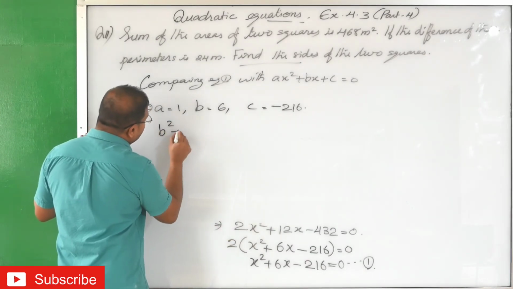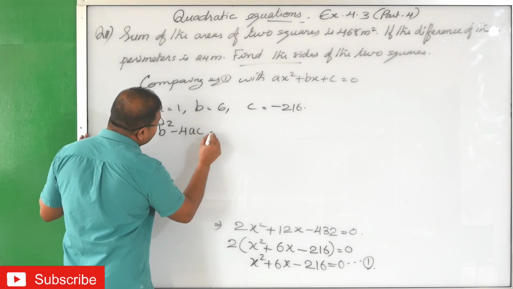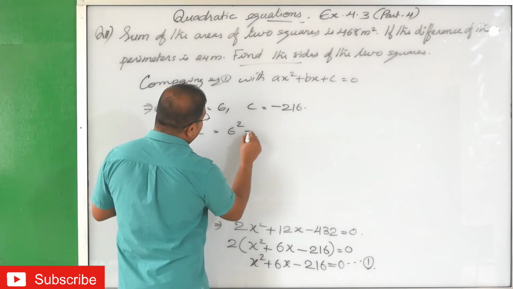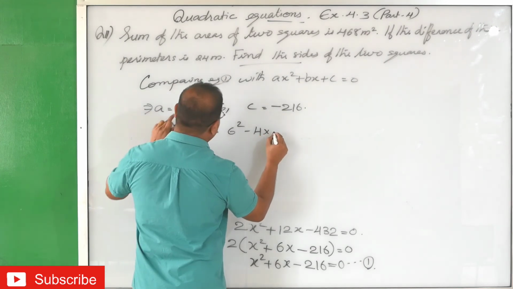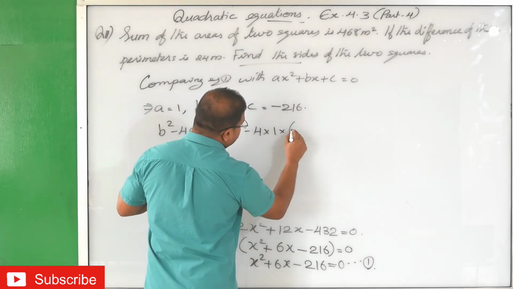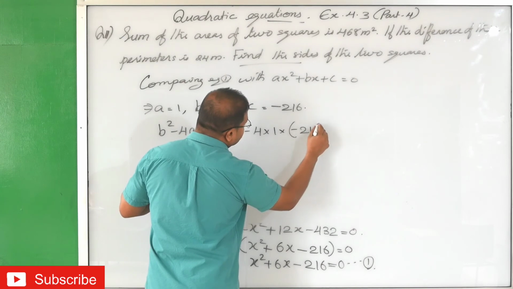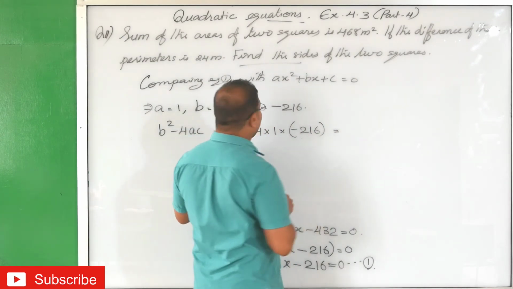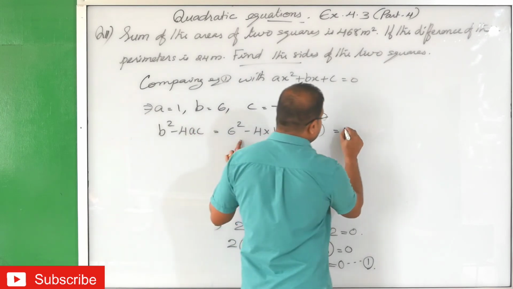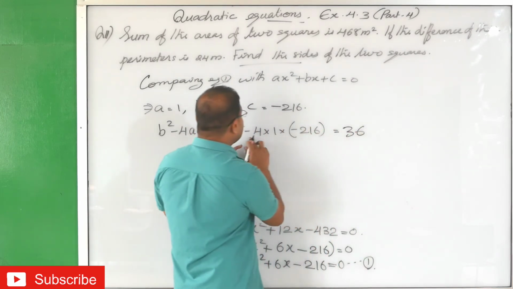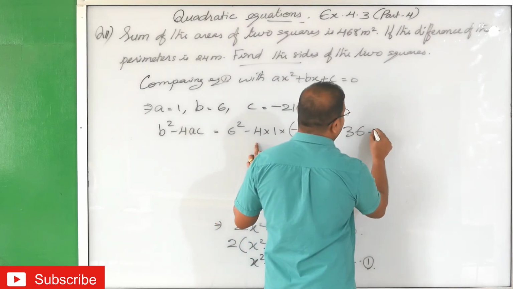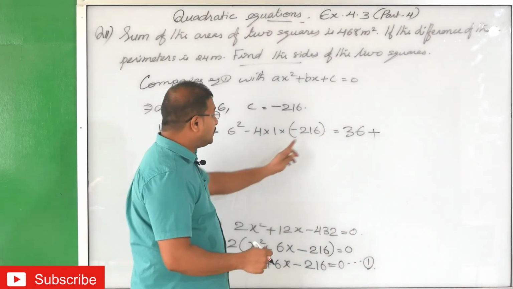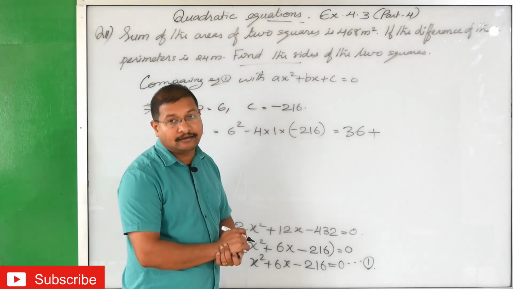Ready? Now what will we do? b square minus 4ac equals, the value of b is 6. 6 square minus 4 into a is 1 into c is minus 216 equals square of 6, 36, minus into minus plus 216 into 4. 216 into 4, how much will you get?